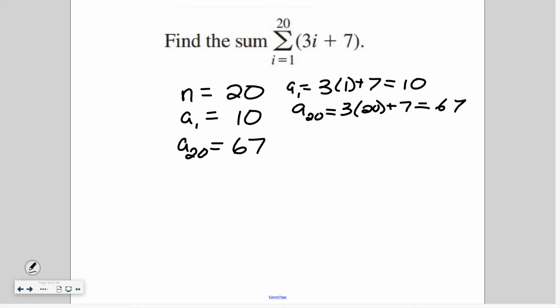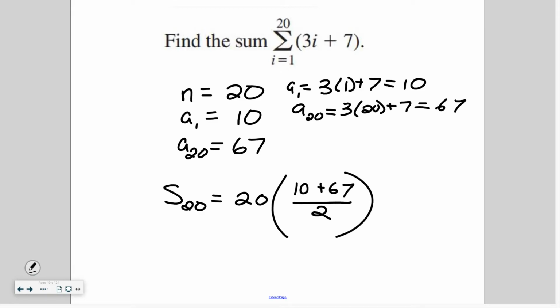So those are the three parts that we need to know in order to find the sum. The sum of the first 20 terms is going to be n times 10 plus 67 divided by 2.